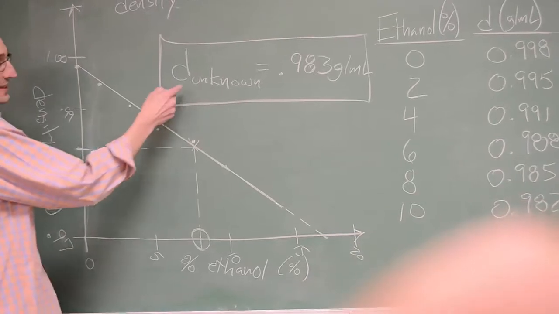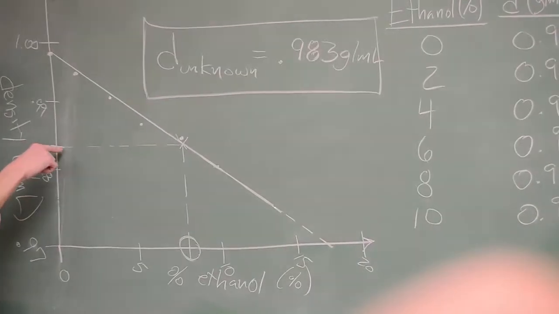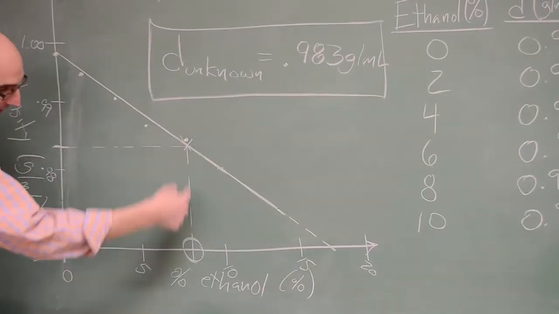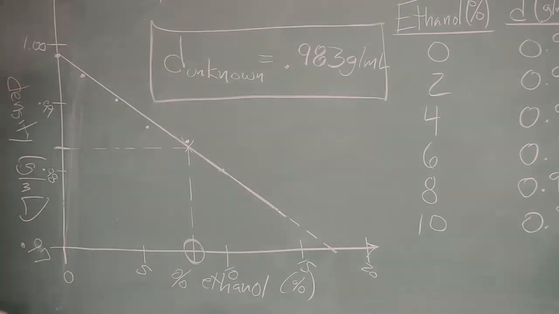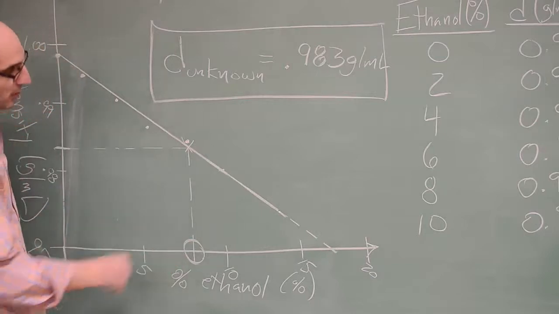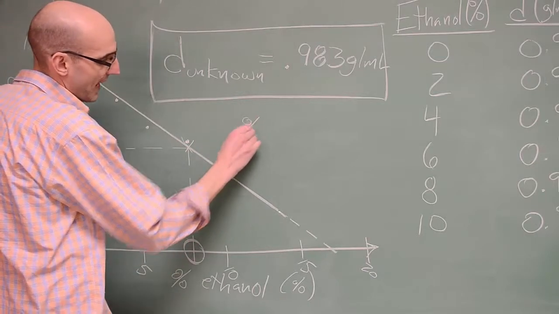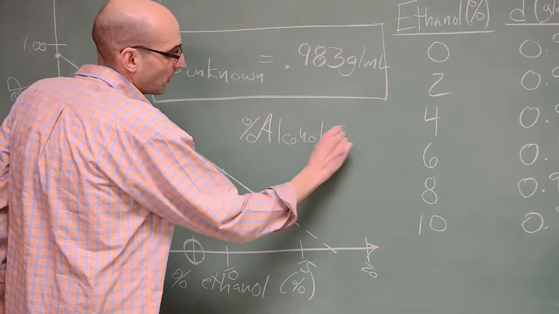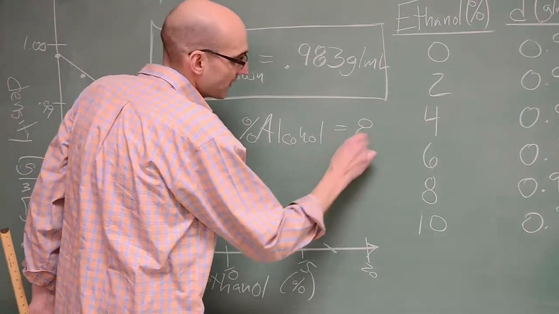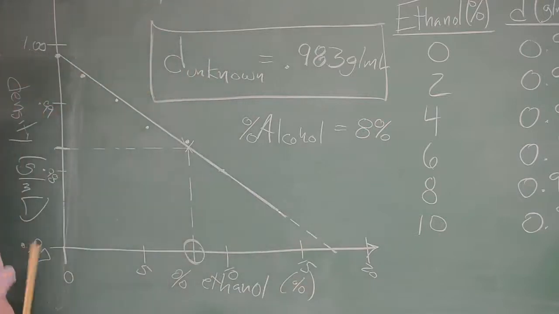So with the density of the unknown of 0.983, go over to the trend line, then we go down. It hits right there, halfway between 5 and 10. That's actually a little bit further than halfway, so my percent alcohol would equal about 8%.